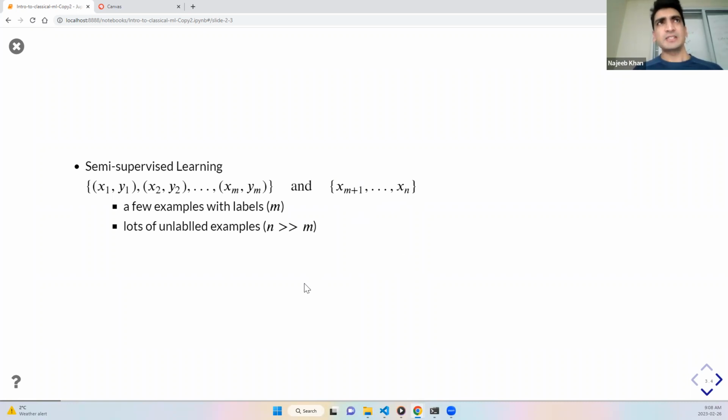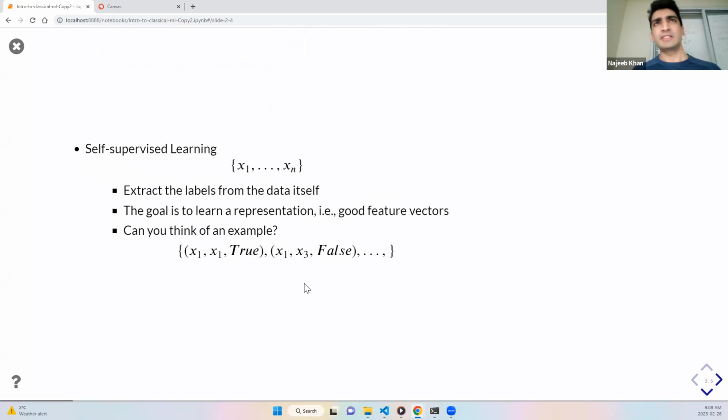But there are cases where there are no labels at all, where you only have input data. For example, there is a whole bunch of text data on the internet, right? If you want to do any sort of machine learning with just the data on the internet, it's really hard to do labeling of all the data. That's where self-supervised learning comes in.